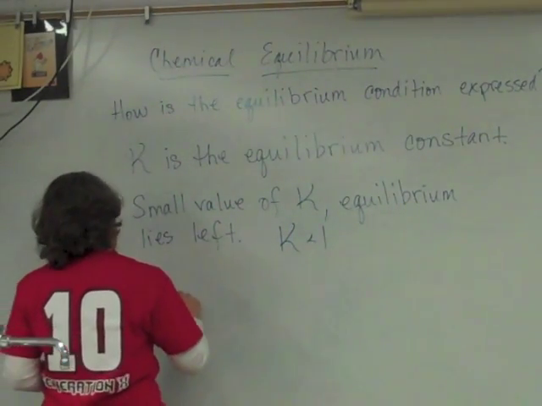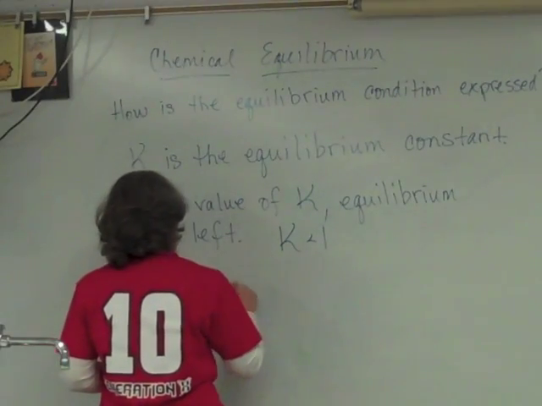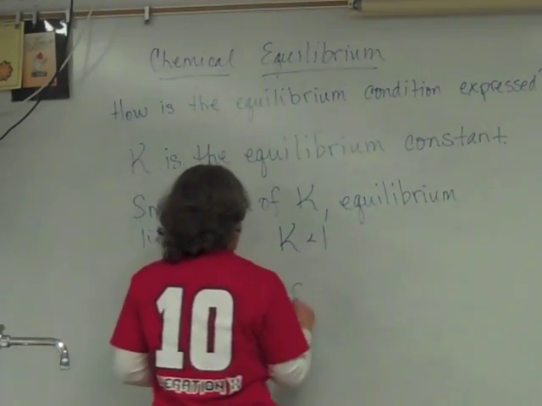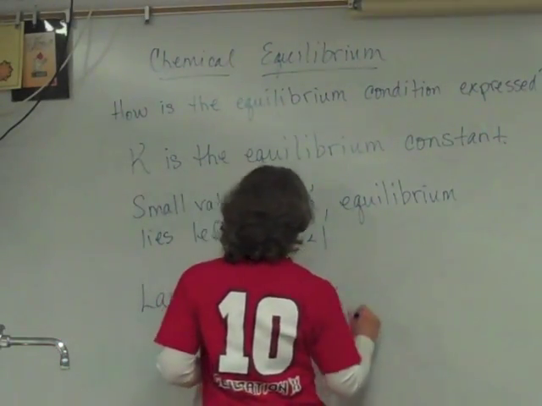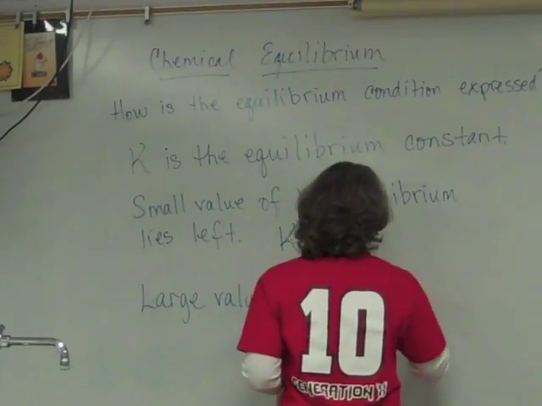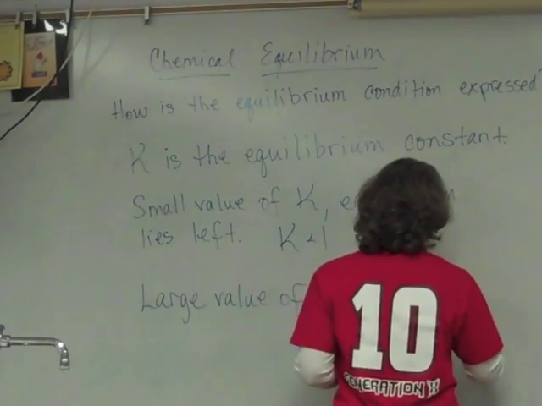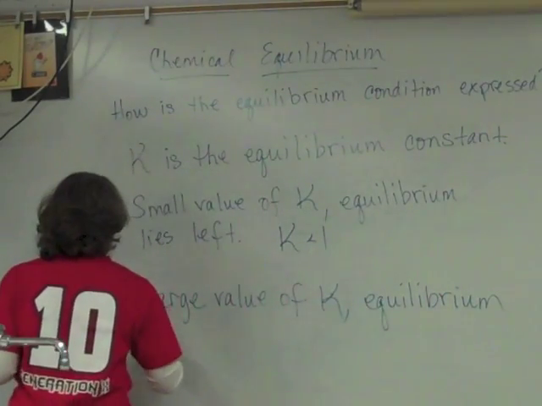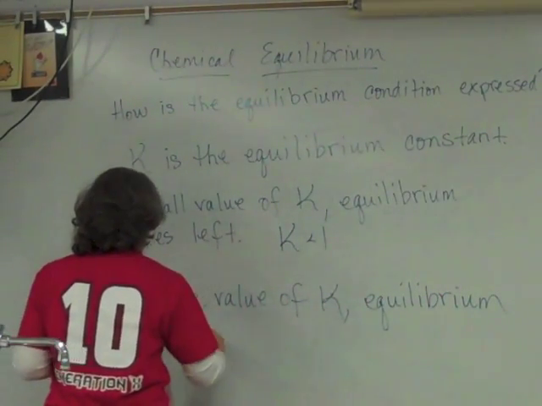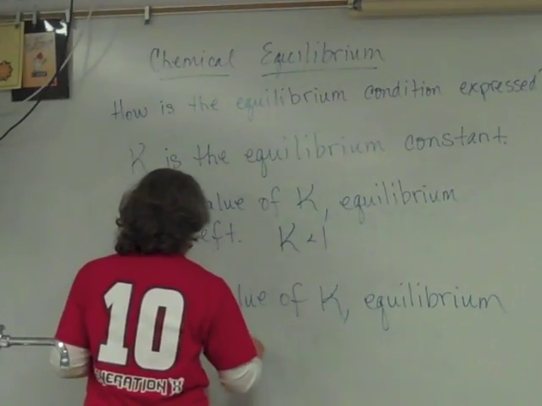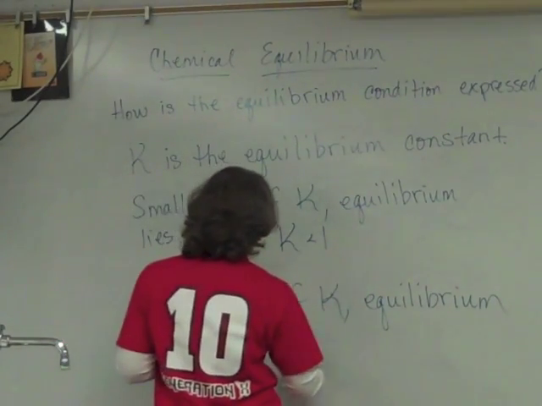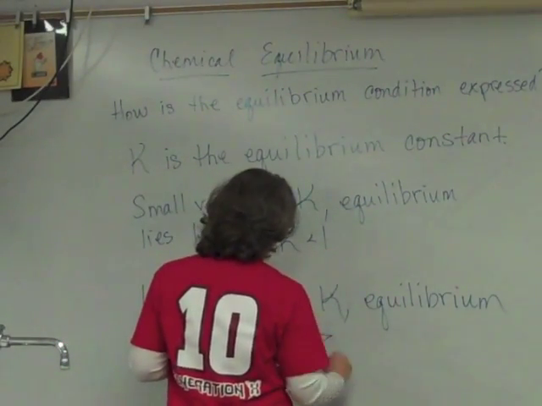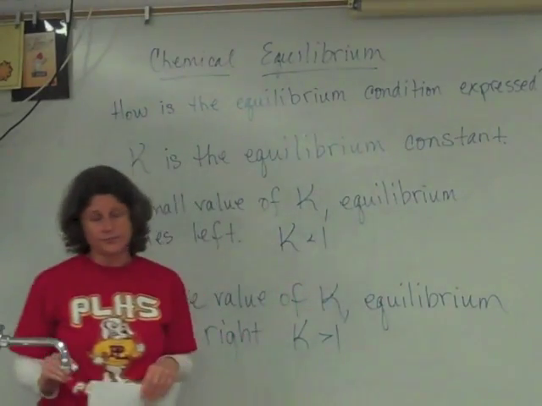A large value of K means equilibrium lies right, and that is if K is greater than 1.